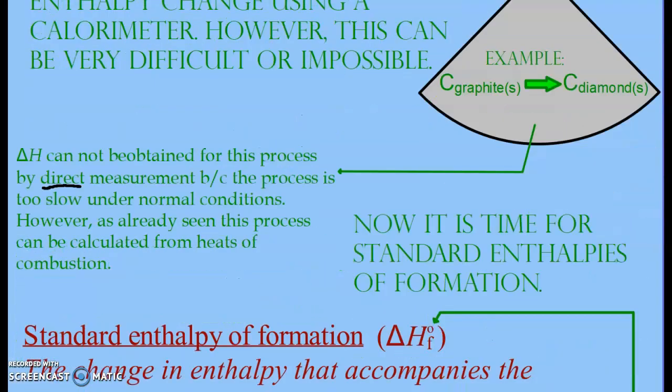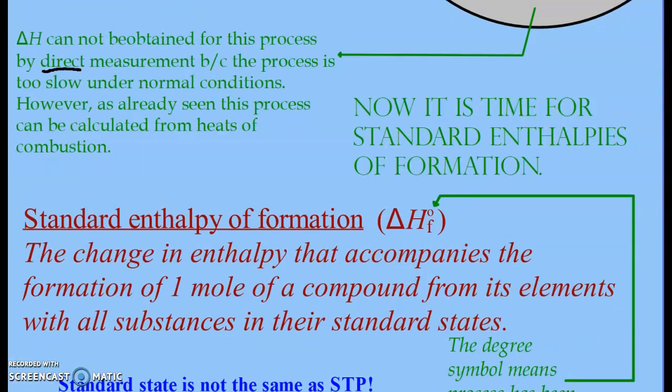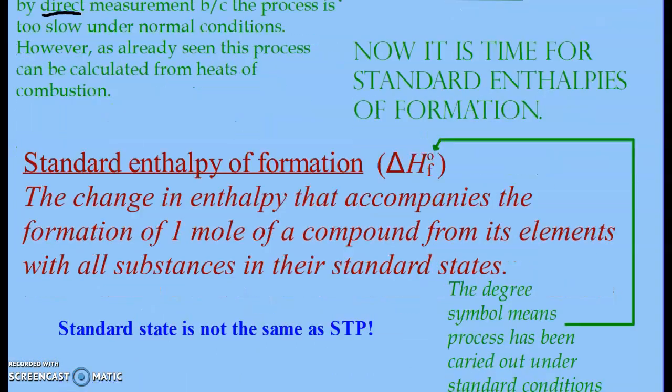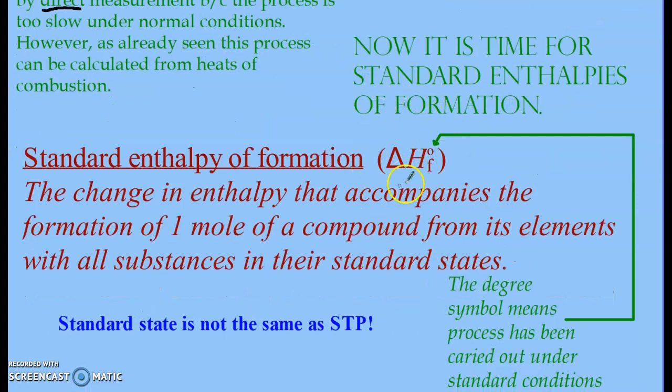Now, let's talk about this. It's time for standard enthalpies of formation. Here is the symbol. You have enthalpy, standard enthalpy, that delta H still. Of formation, you have this f, and so these molecules get formed from their elements. The degree symbol doesn't mean temperature.